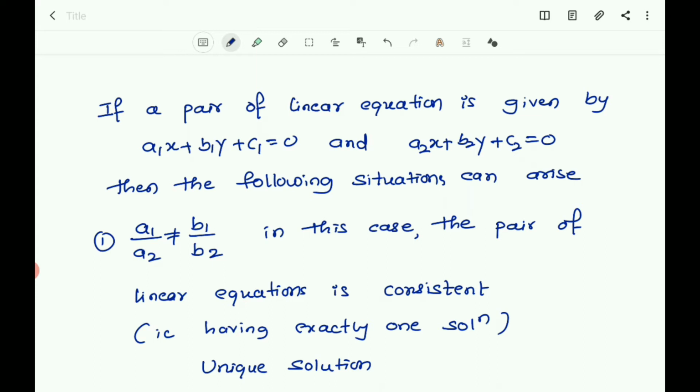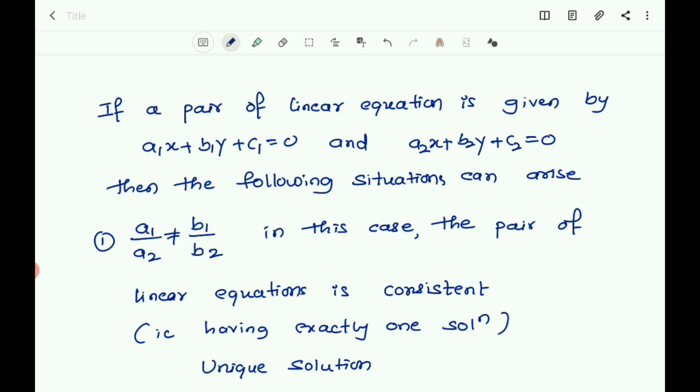If there are two equations, we can represent them in the general form a1x plus b1y plus c1 equals 0 and a2x plus b2y plus c2 equals 0. Here a1 and a2 are the coefficients of x in the first and second equation respectively, b1 and b2 are the coefficients of y in the first and second equation respectively, and c1 and c2 are the real constants.